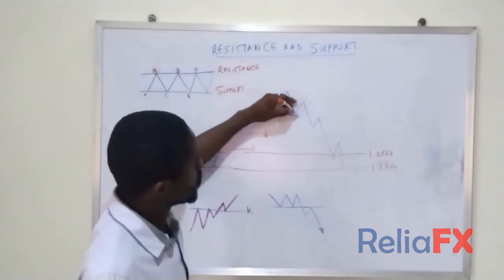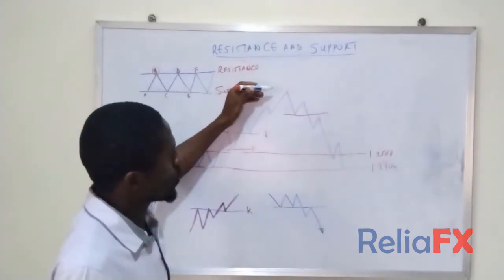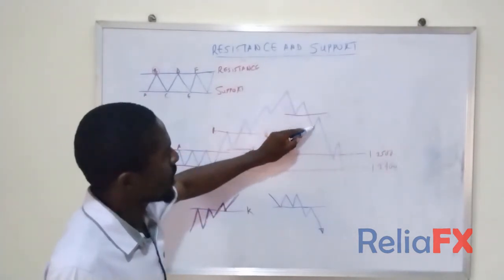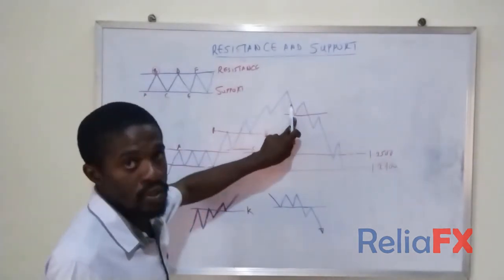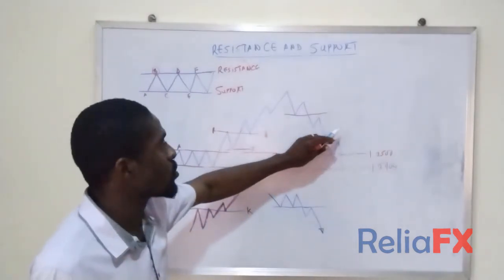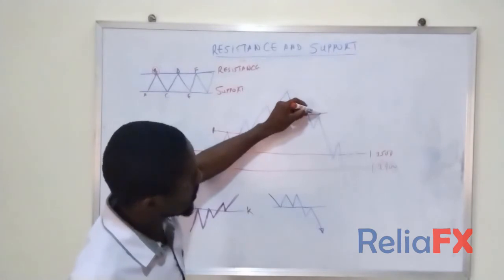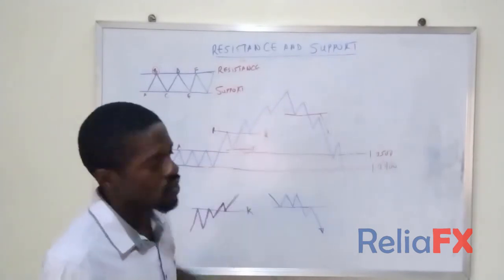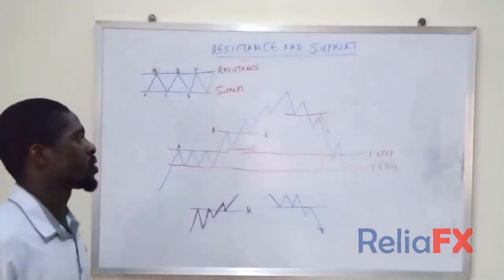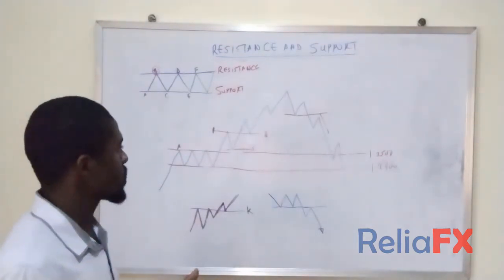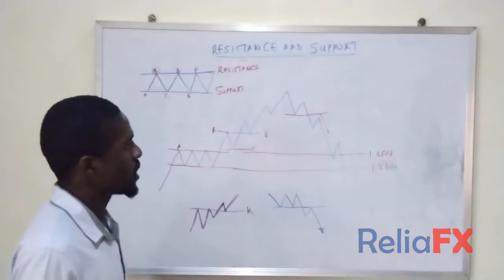All right, so we have a support here, a level that was not broken. Now, by the time price comes back and breaks that level, it ceases to be support. It now becomes resistance. So we expect that if price is able to come back to this level, it will be a good point to sell. That's how we use resistance and support in ranging markets and in trending markets.